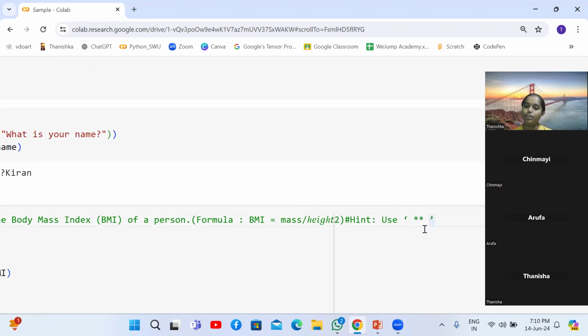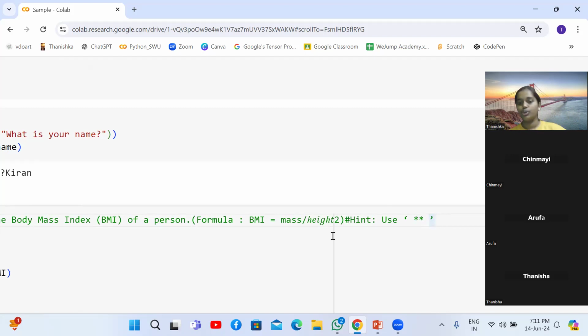Can you tell me what exponentiation means? It will be multiplied by 2 times. Yes, raised to the power of. Okay, you can remember it easily. Just think of A and B: A raised to the power of B. You're going to multiply, that's it.